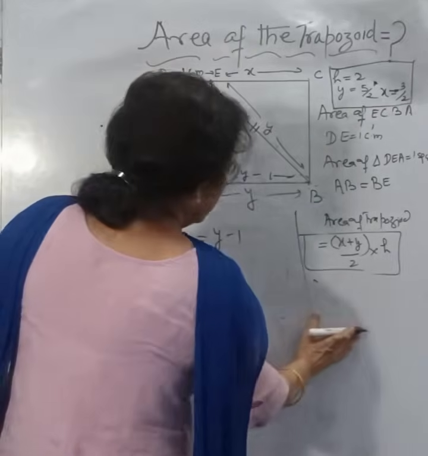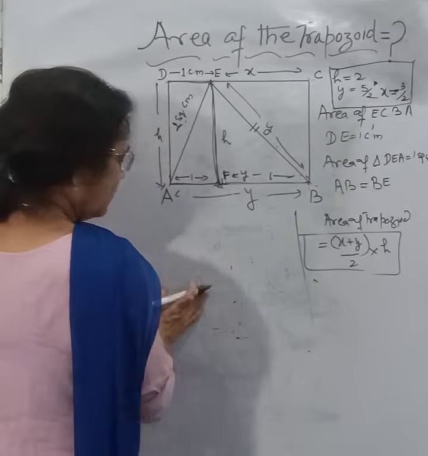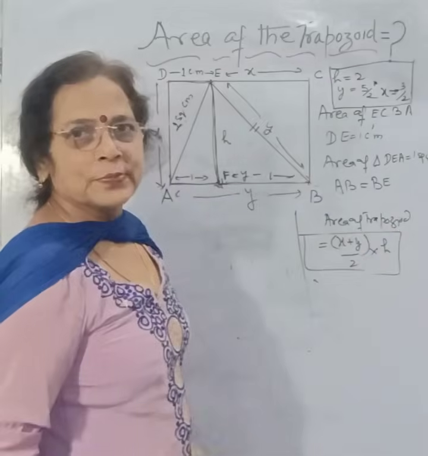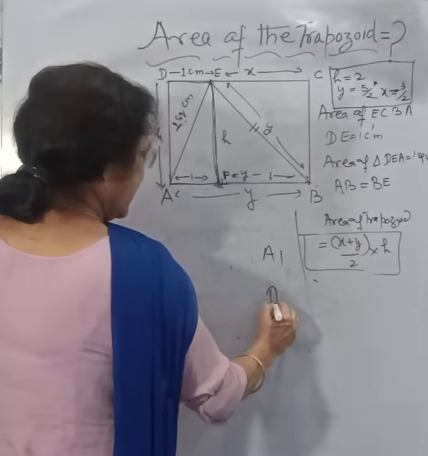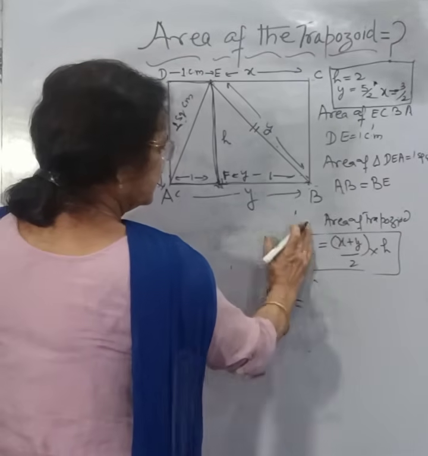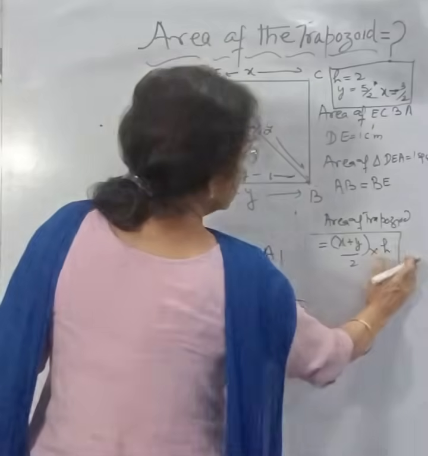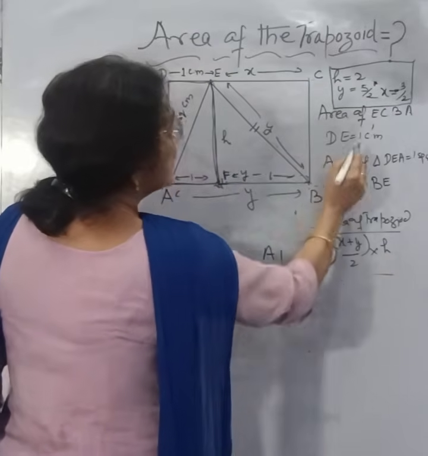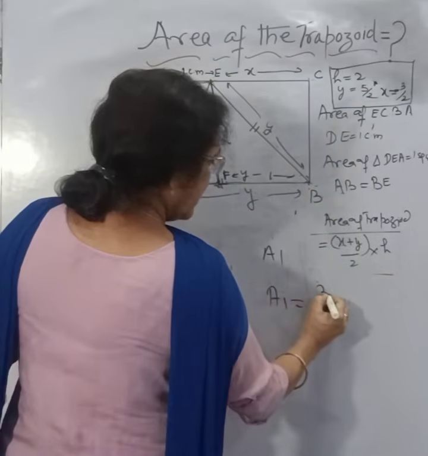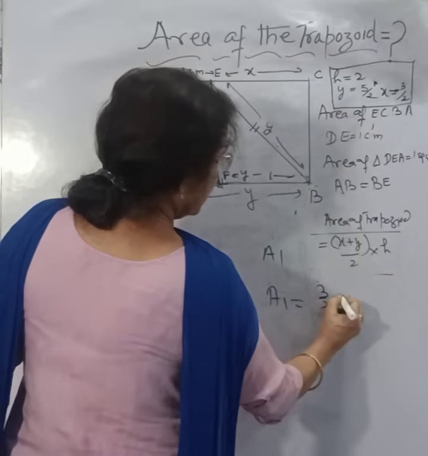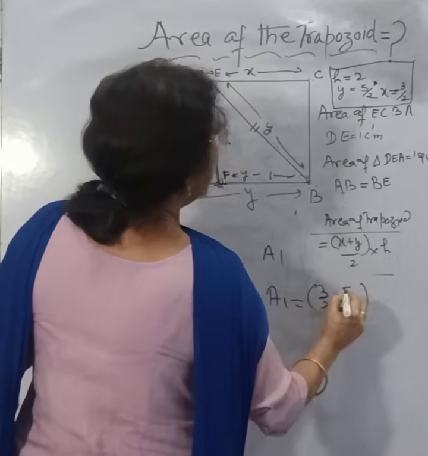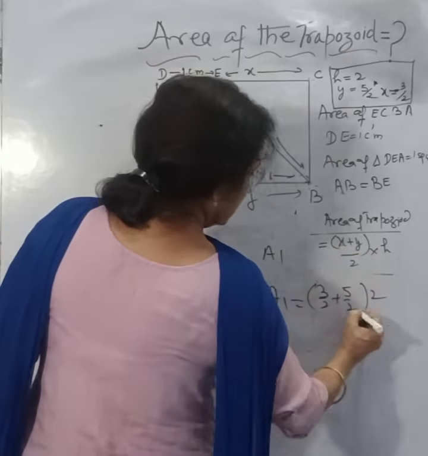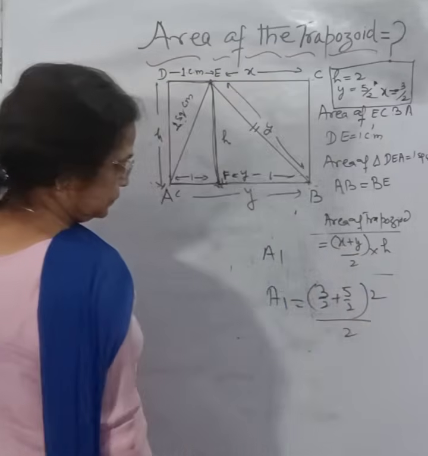Putting all these values in the formula for the area of the trapezoid. Trapezoid के area का formula है. So area is equal to x plus y, that is 3 by 2 plus 5 by 2, into h, 2, upon 2.